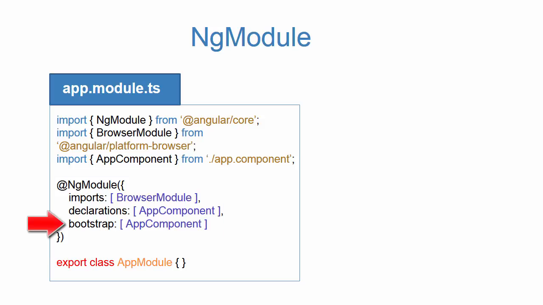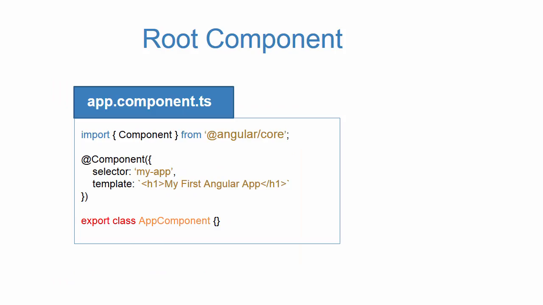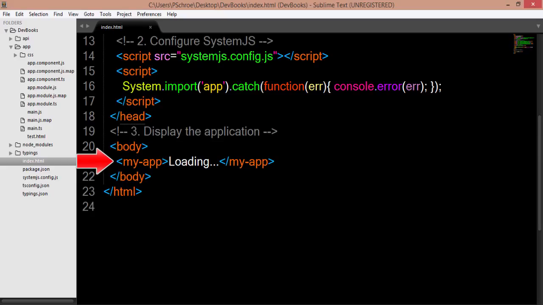And then this bootstrap key tells Angular that we want to use the app component module as the root component for our site, so that when our site is first loaded up, the template inside of our app component is what first appears on our page. Finally, the selector value of my app is what's placed inside of our index.html file in order to initialize and load up our application. This will be discussed in further detail in our component section.